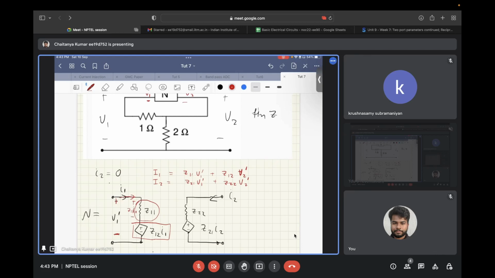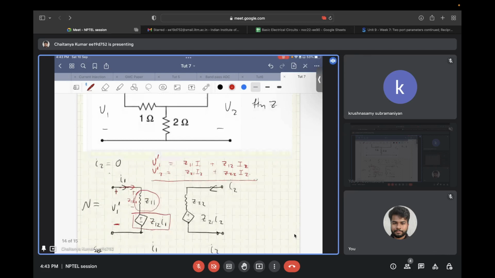Sorry, I have switched it. So V1 dash is equal to Z11 times I1 plus Z12 times I2, and V2 dash is equal to Z21 times I1 plus Z22 times I2. I made a mistake and flipped the input and output parameters.